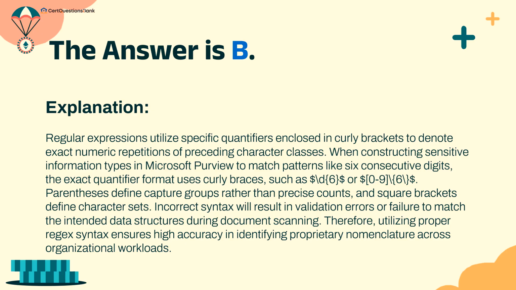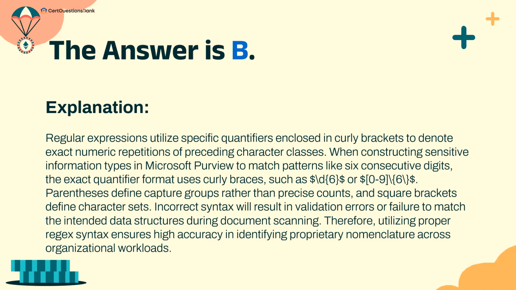Regular expressions utilize specific quantifiers enclosed in curly brackets to denote exact numeric repetitions of preceding character classes. When constructing sensitive information types in Microsoft Purview to match patterns like 6 consecutive digits, the exact quantifier format uses curly braces, such as \d{6} or [0-9]{6}.